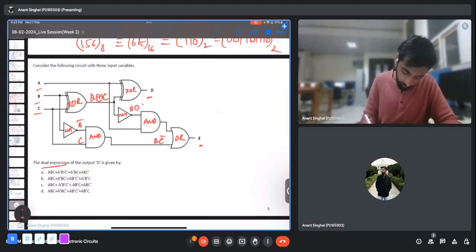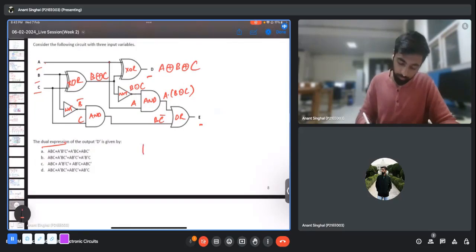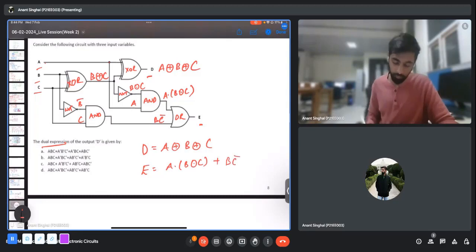So this will be B XNOR C, and this is A. So these are getting ANDed: A times B XNOR C, and this is basically A XOR B XOR C. So I can write the final expressions clearly. For D it is A XOR B XOR C, and for E it is A(B XOR C) plus B C complement. So I have solved the expression E.